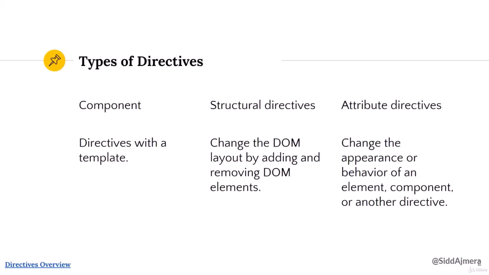Now what exactly are lifecycle hooks? Well, a component or a directive has a lifecycle that is managed by Angular. Angular is responsible for creating them, here being a component or a directive, rendering them, creating and rendering their children, checking their data bound properties, and destroying them before they can be removed from the DOM. So Angular provides us with some lifecycle hooks that can help us tap into these key life moments of Angular components as well as directives so that we can act accordingly whenever they occur.